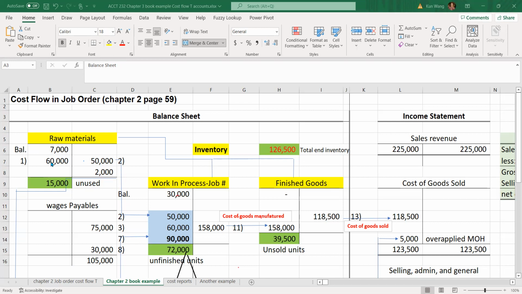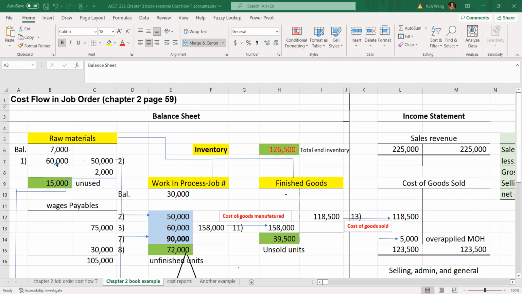You can see later probably using cash or on account. So we debit the raw material 60,000 and credit cash, or credit accounts payable if you purchase the material on account. So the credit side can use different accounts depending on the payment approach.